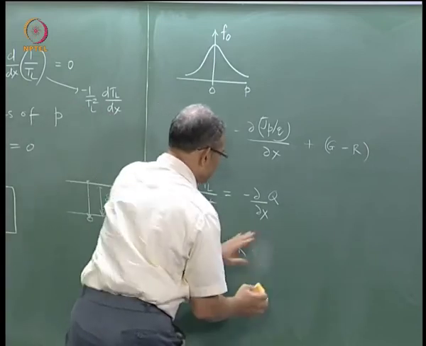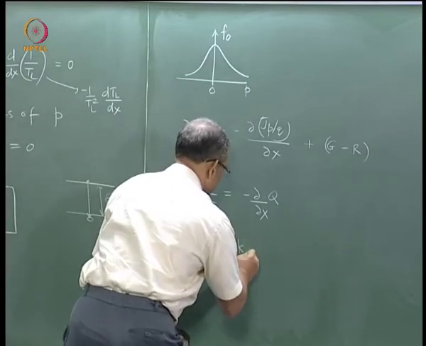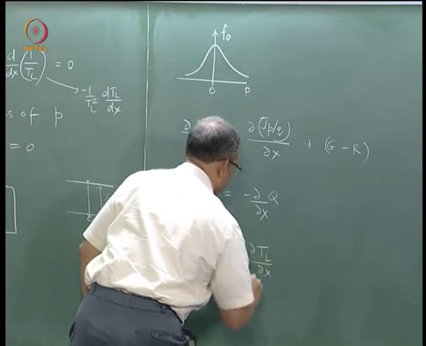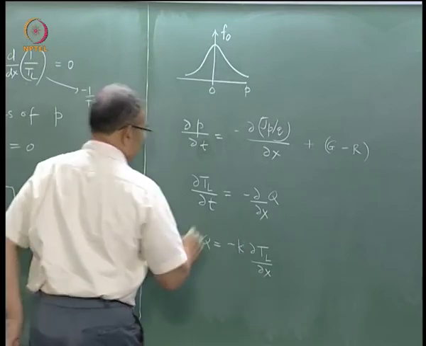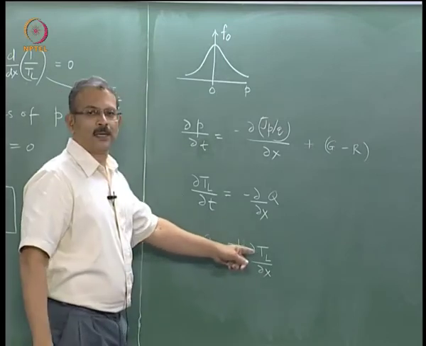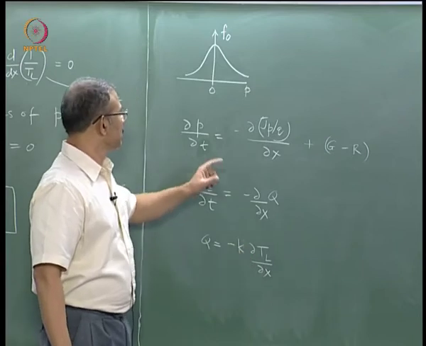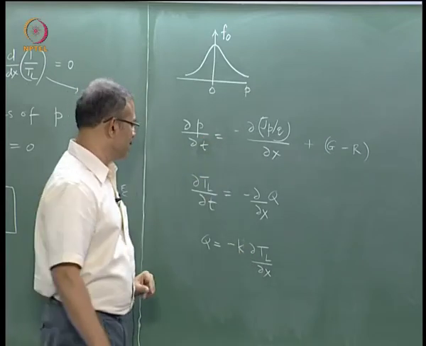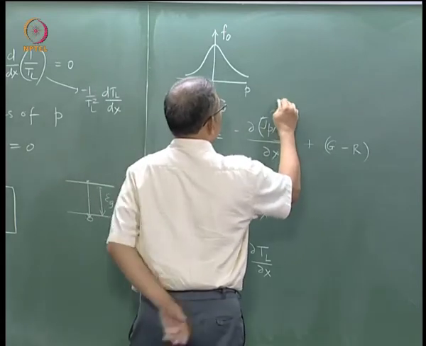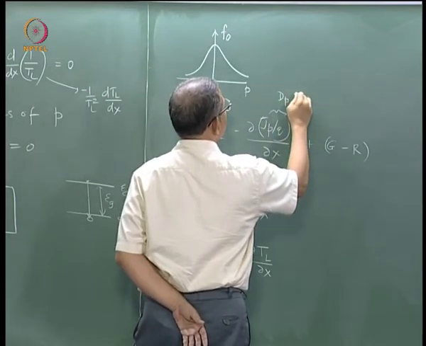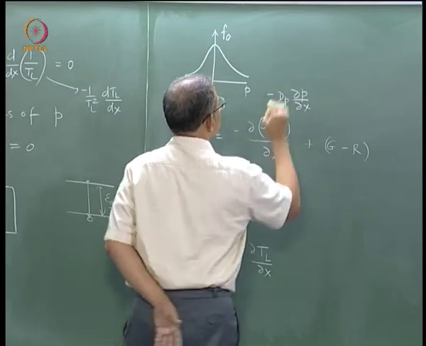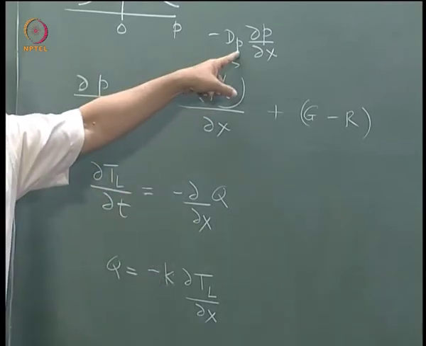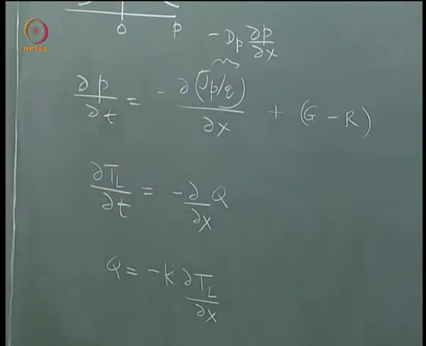So in one dimension we are writing this, and you have a negative sign because the heat flows from higher temperature to lower temperature, just as the diffusion current of holes goes from higher concentration to lower concentration. So Jp, if you write in the diffusion form, is dp/dx with a negative sign. Now this term for heat flux is analogous to this term of hole current.